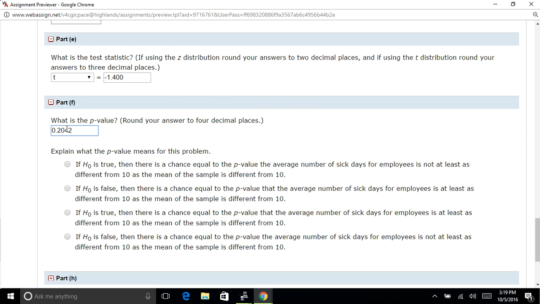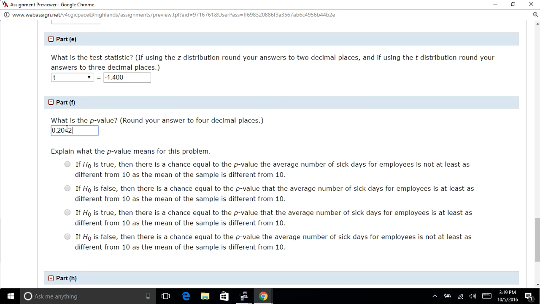So I need to see what the p-value is going to mean for the null. So if the null is true, then there's a chance equal to the p-value that the average number of sick days for employees is at least as different from 10 as the sample is different from 10.